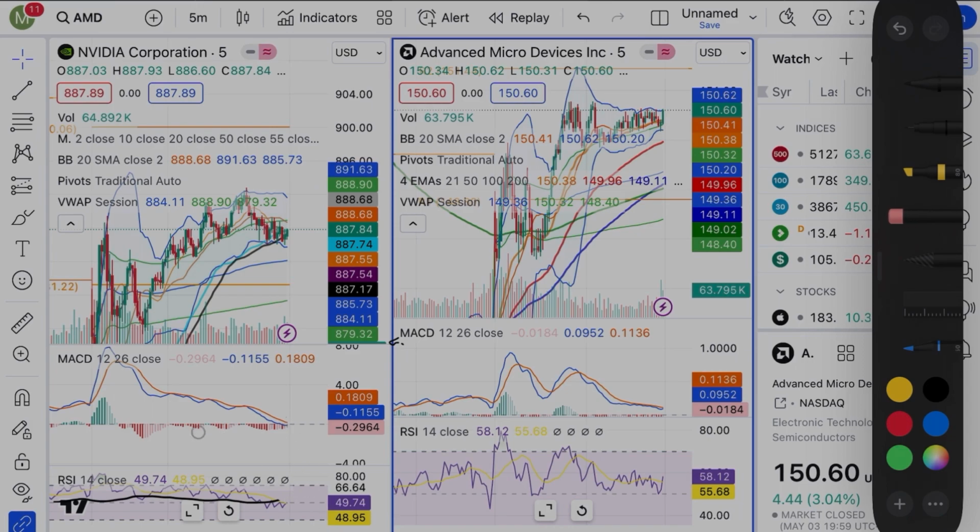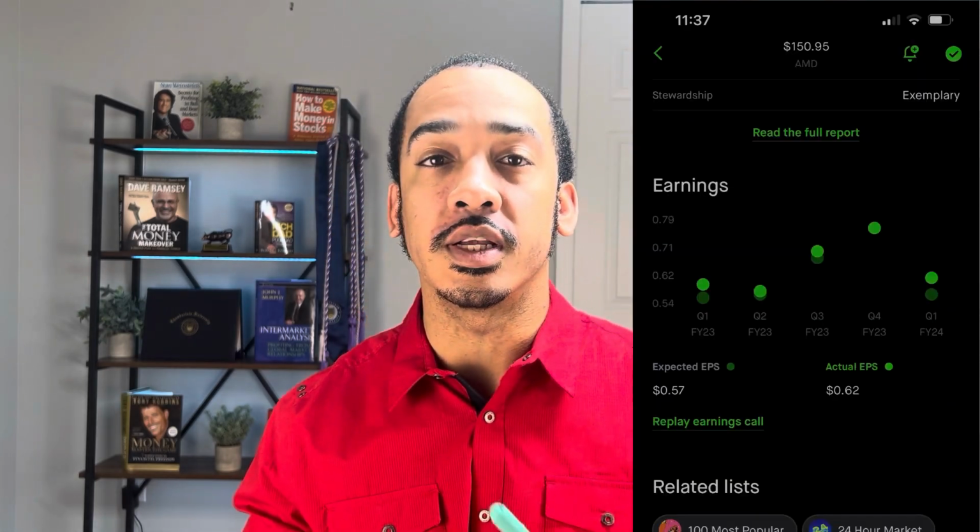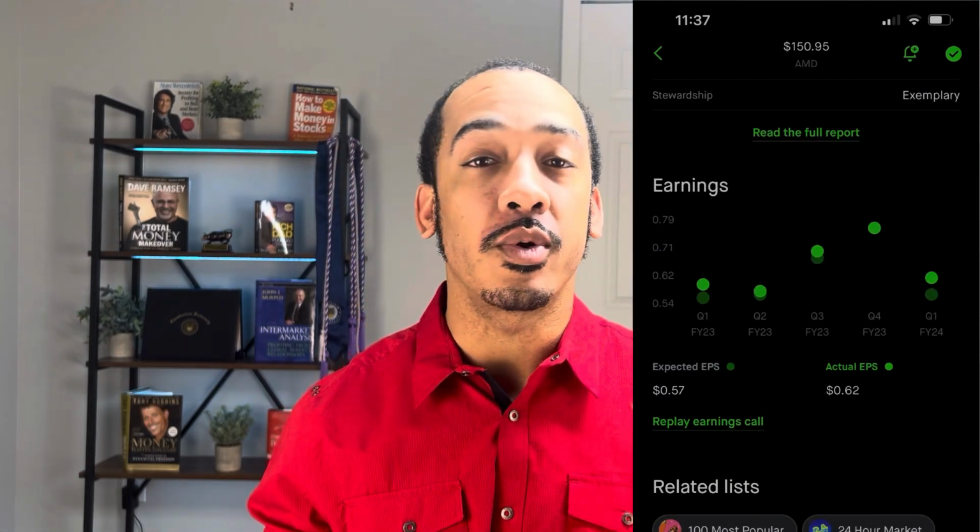Okay, so that was the technicals. As far as the financials, AMD just reported earnings this past week. After they posted earnings, the stock went down, but they did beat estimates on earnings.